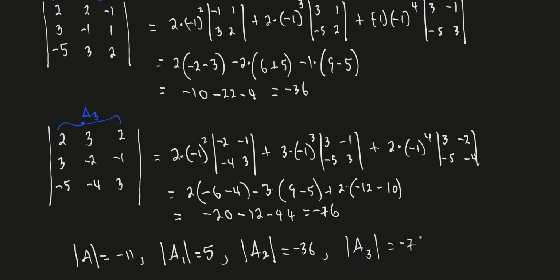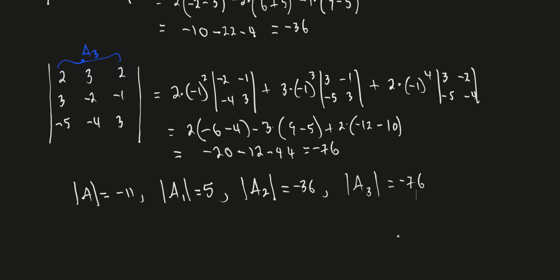And the determinant of A3, that's it right here, our negative 76. So Cramer says x1, the unique value for x1, is the determinant of A1 divided by the determinant of A. So that's 5 divided by negative 11, or negative 5/11.